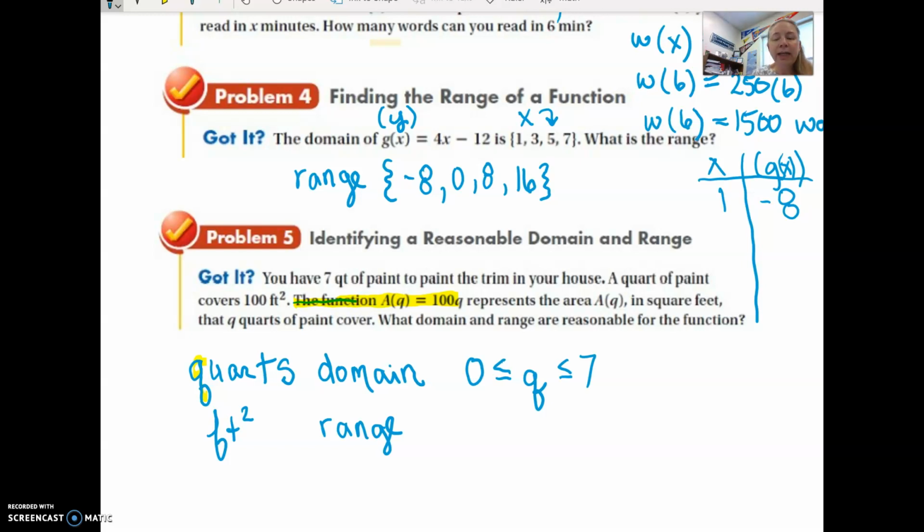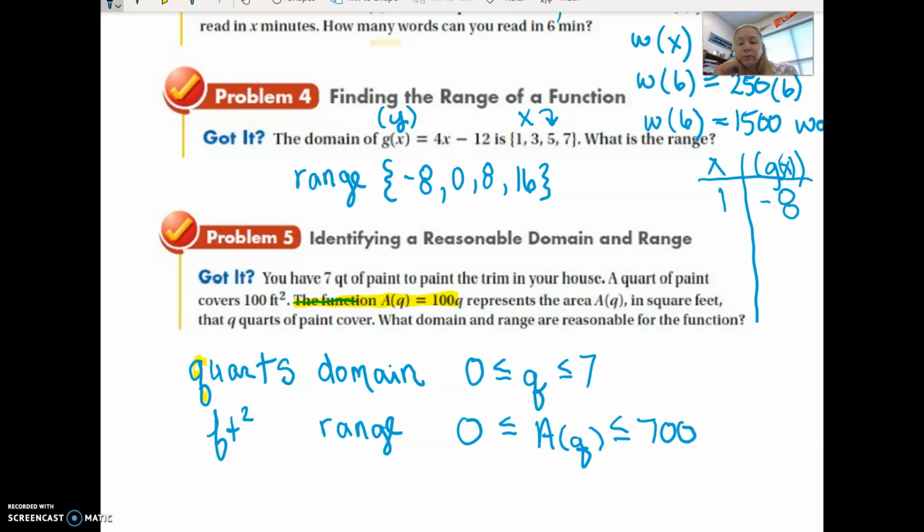So we could be anywhere between no painting at all at 0 square feet all the way up to 700 square feet. Again, I would write that as an inequality. A of Q, I'm just going to use their notation, has to be between 0 and 700.